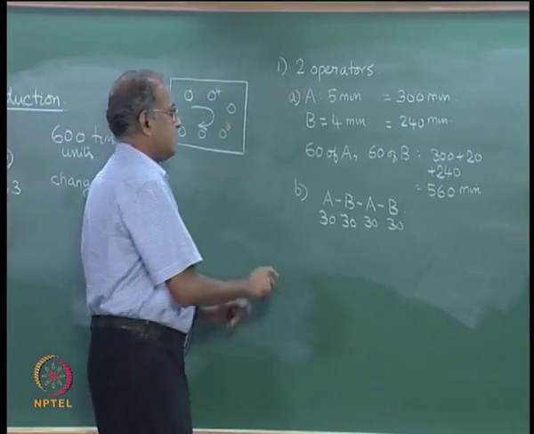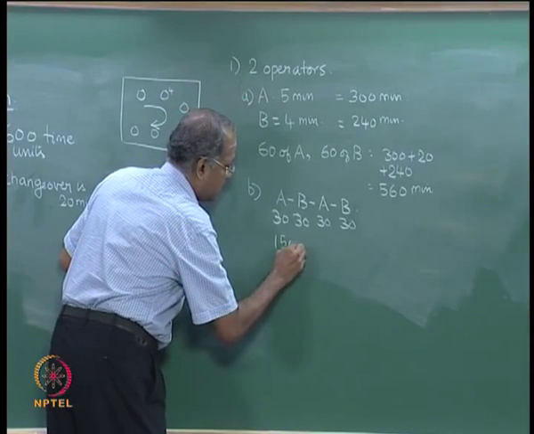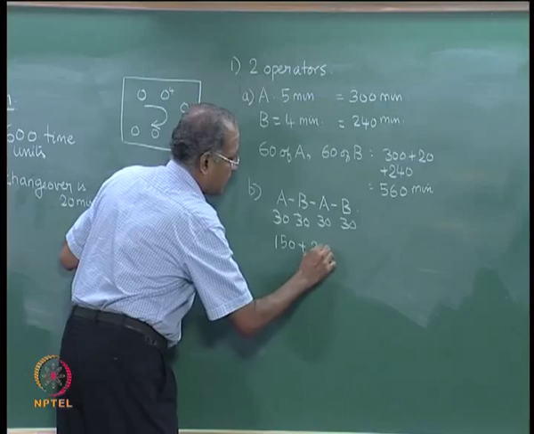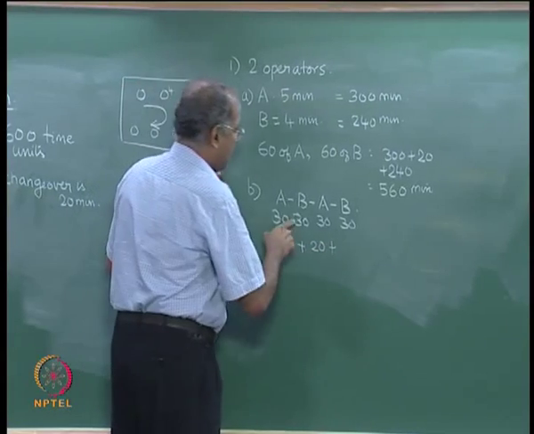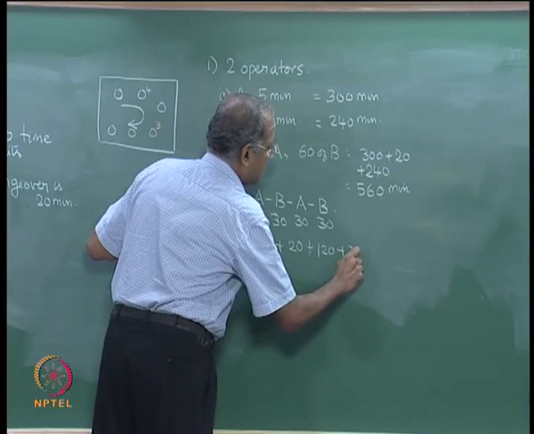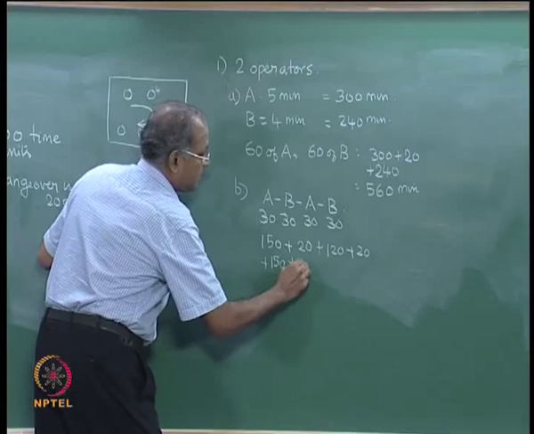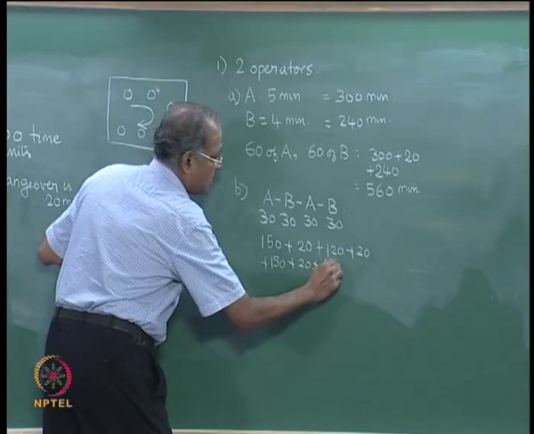To produce 30 we need 150 plus a changeover of 20, plus 30 times 4, which is 120, plus another 20 changeover plus another 150 plus another 20 changeover plus 120.